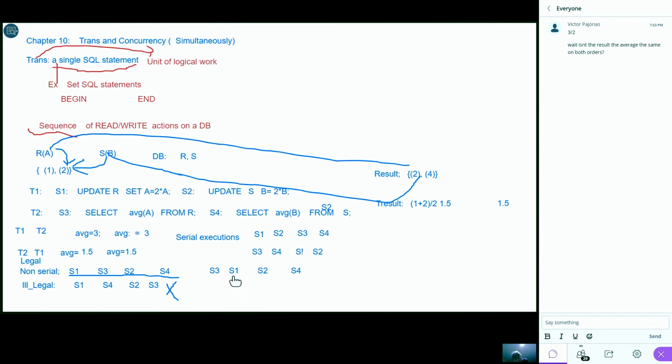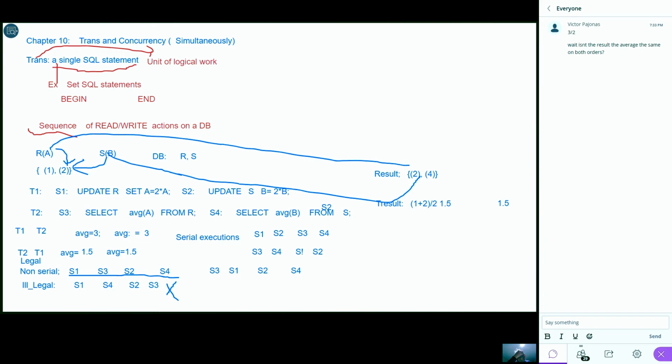And S1 happens first, then S2 happens. Okay, so there are a lot of these illegal schedules here. So we don't have to consider them at all. But this is called a legal non-serial schedule. Okay? Legal non-serial schedule.